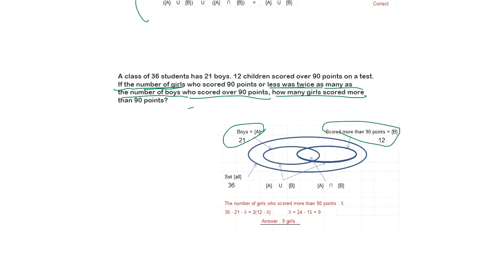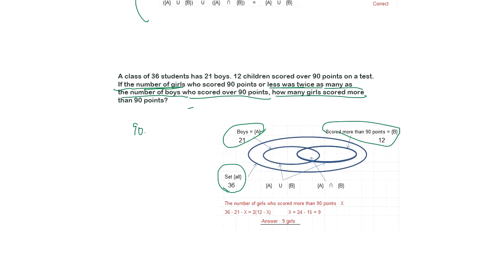Okay, so this is set O, this is everybody, right? And the girls who got over 90 points is twice as large as the boys who got over 90 points.